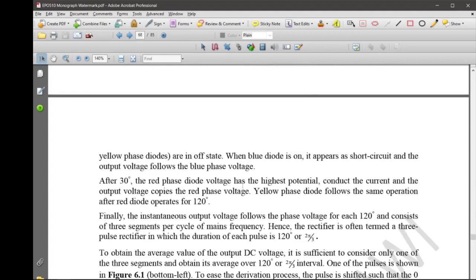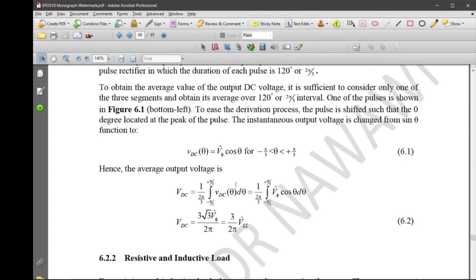So if you solve the integral of V peak cos theta, with the limits from minus pi over 3 to pi over 3, multiplied by 3 over 2 pi, you find that the output voltage can be defined by this equation: 3 over 2 pi V peak line to line.